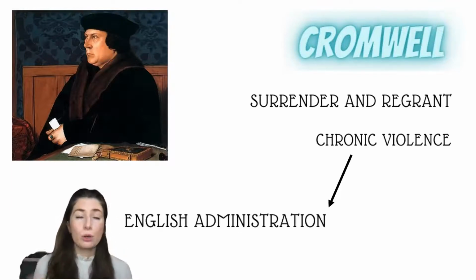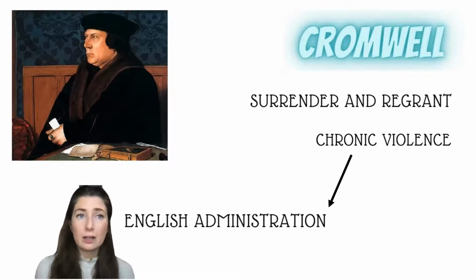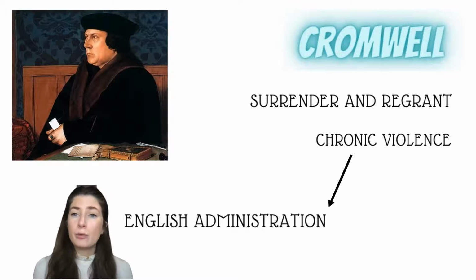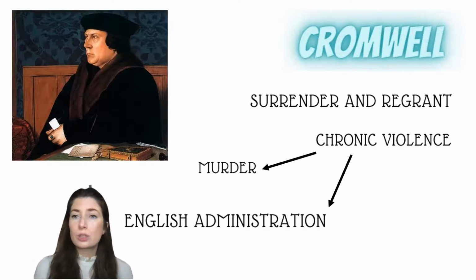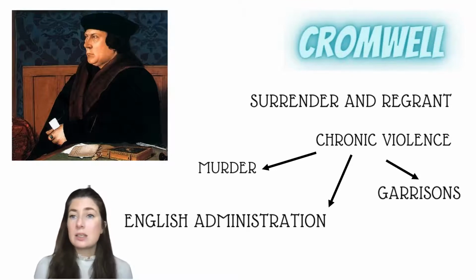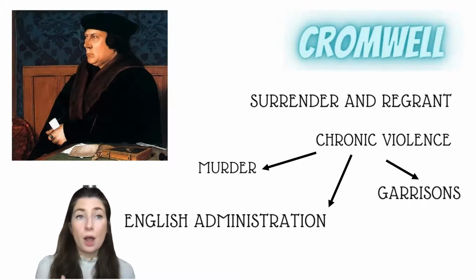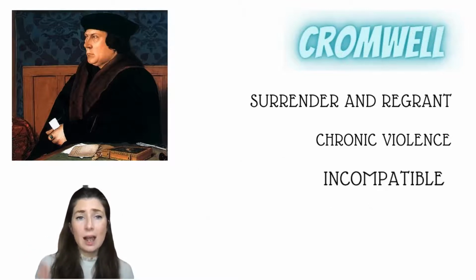There was also lots of evidence of chronic violence by English settlers to the local Irish people. First of all, there were lots of aggressive acts by the administration. So we had cases of soldiers disregarding the law, killing lords and chiefs, seizing native land, setting up garrisons, illegal land seizure.